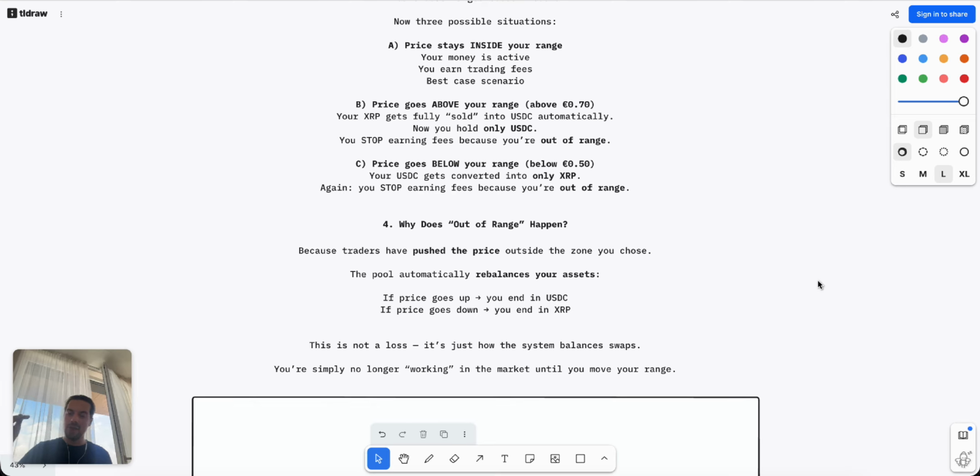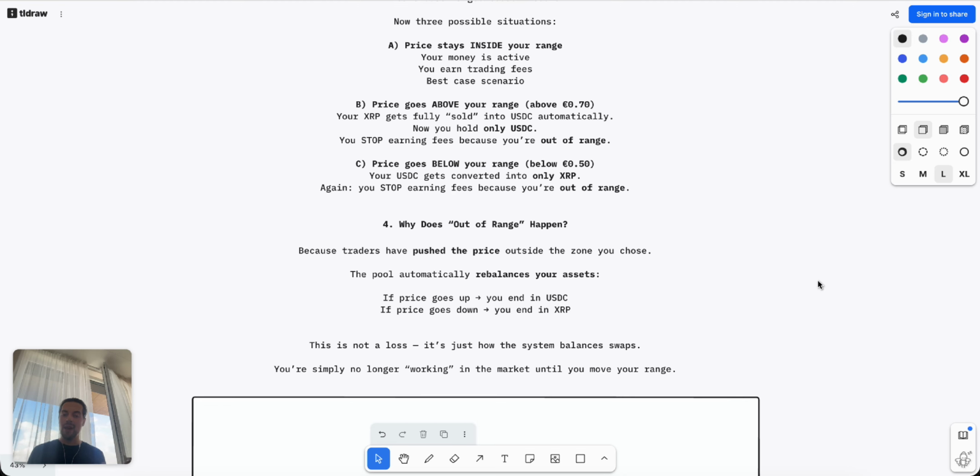So if the price goes below your range, in this case below 50 cents, right, you are holding only XRP. When the price comes back into your range, let's say it was 45 cents and then it came back to 51 cents, you are back in range because your range was 50 and 70, right? So once again, your XRP will start converting towards USDC if the price is going up, plus you earn the fee.